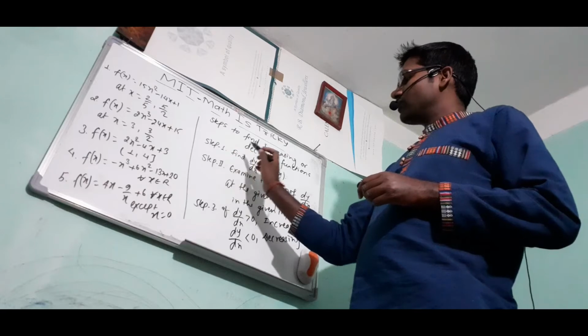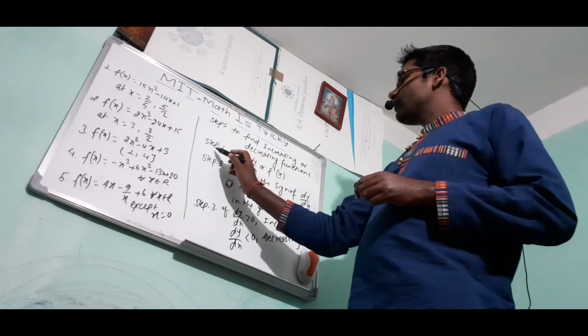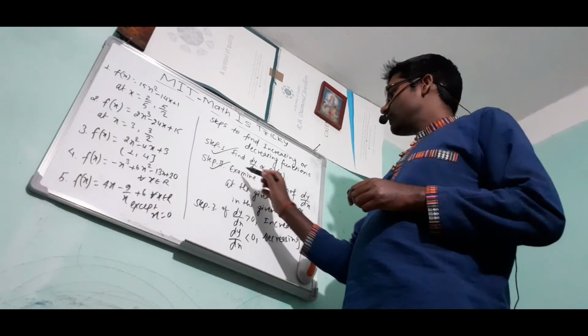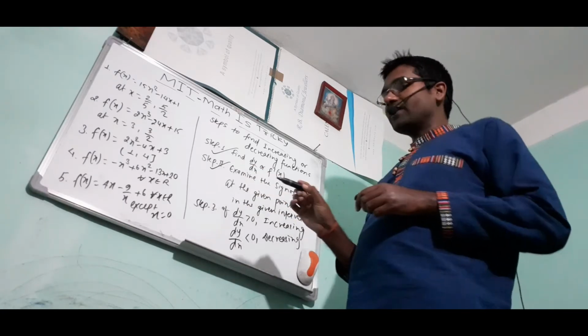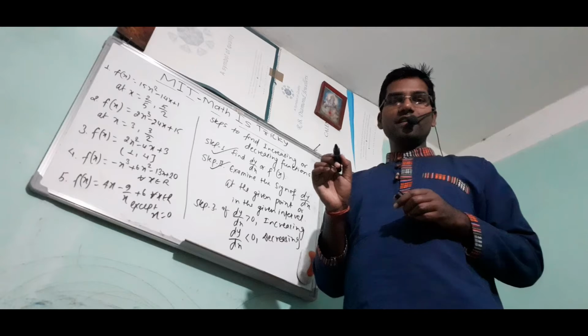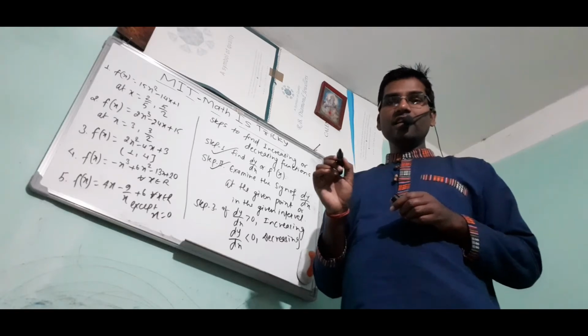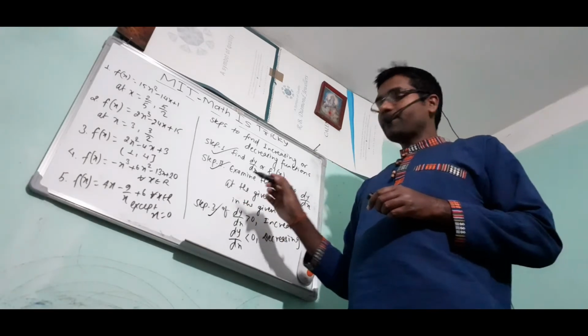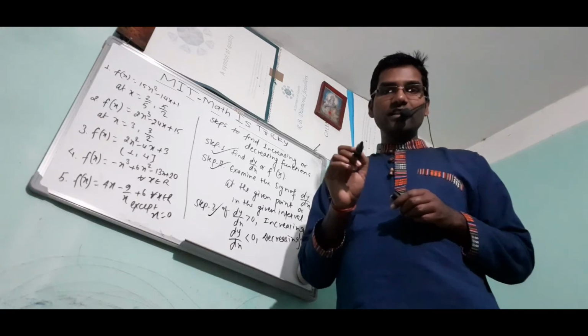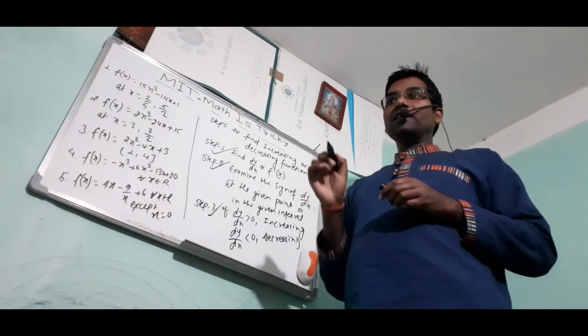Let me repeat once again. Find dy by dx, that's the first step. Second step is examine the sign of dy by dx. That means check the sign of dy by dx at the given point. Third step will be if dy by dx is positive at the given point, the function will be increasing.